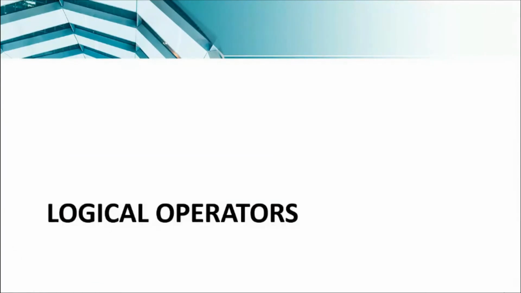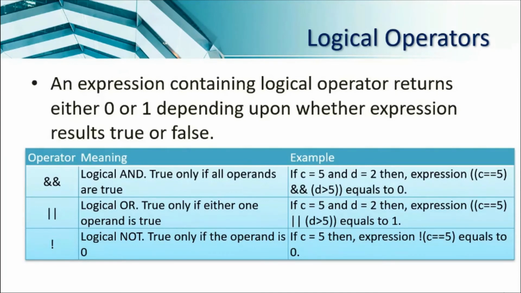The next type of operators are the logical operators. Commonly, the relational operators and the logical operators come together. There are actually 3 different logical operators: logical AND, logical OR, and logical NOT. The logical AND is written with 2 ampersand signs.